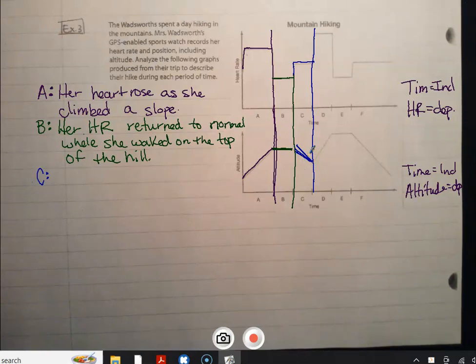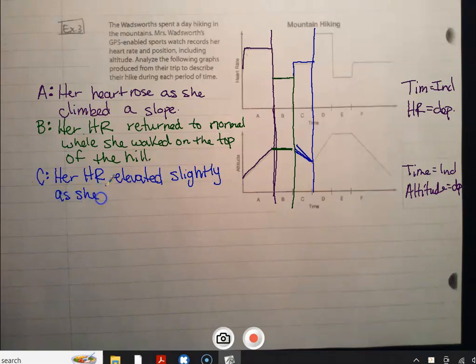So we're going to say her heart rate elevated. Did it elevate as high as the first one? Okay, no. So we could say elevated slightly, because it's not as much as the first time.